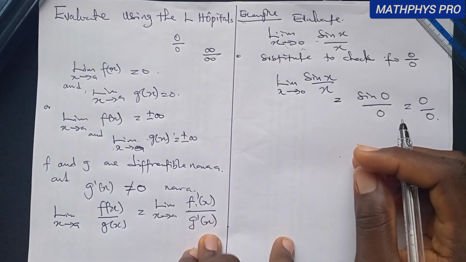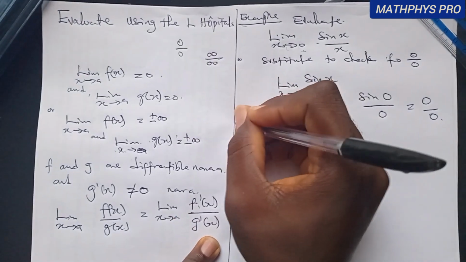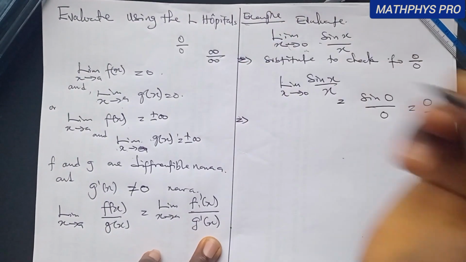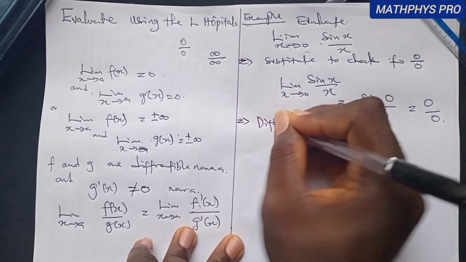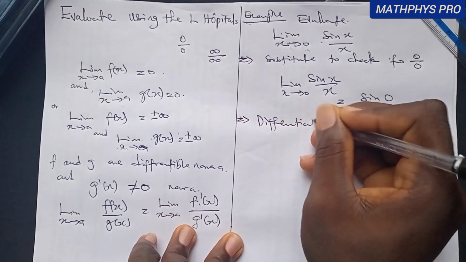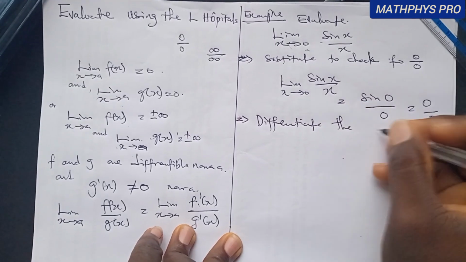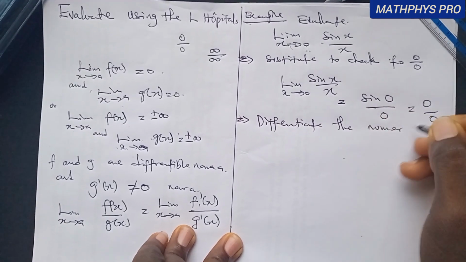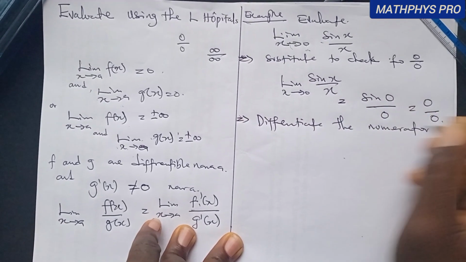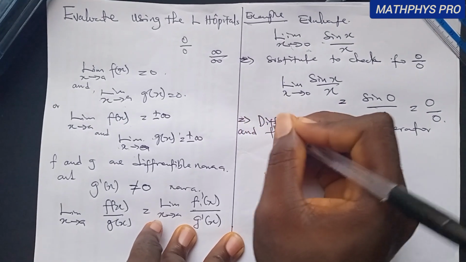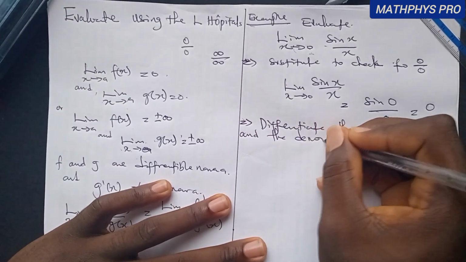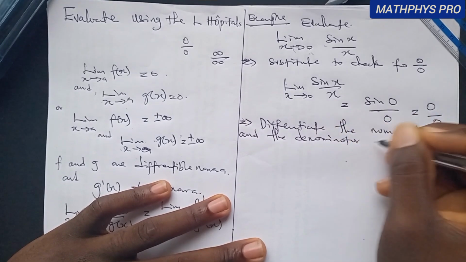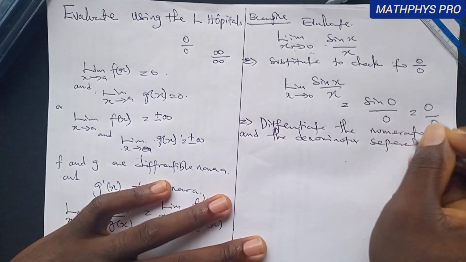So the next step is to differentiate the numerator and the denominator separately.